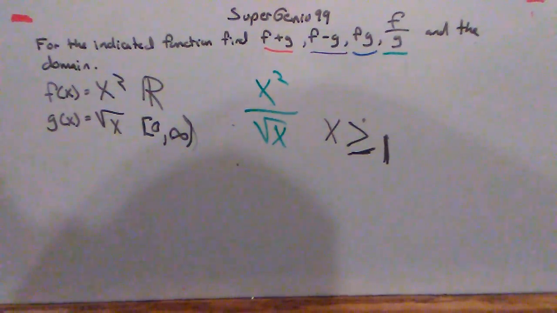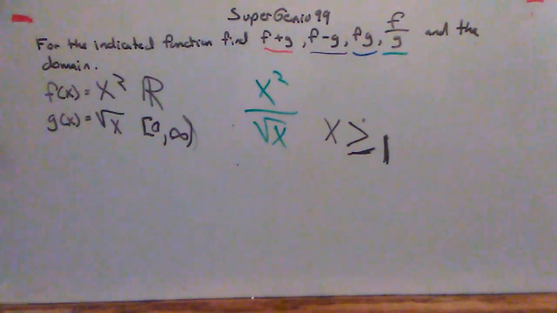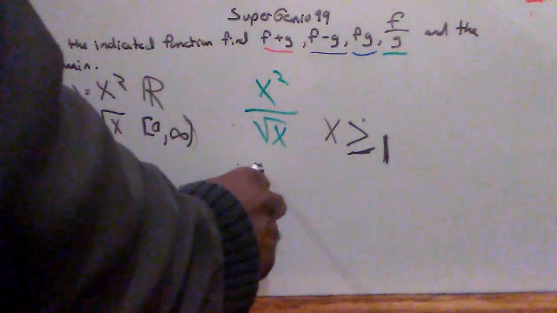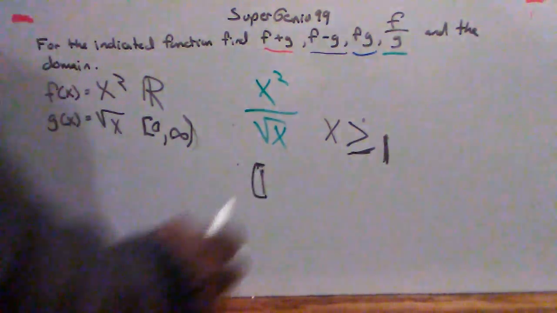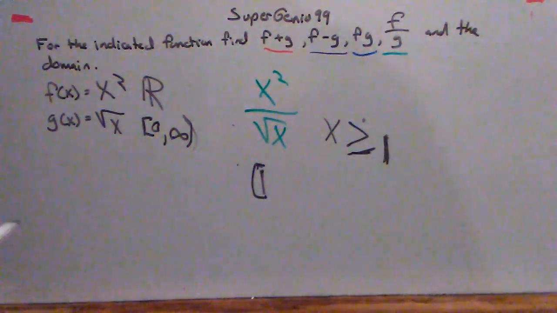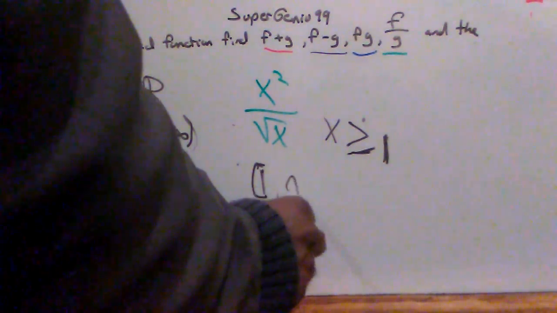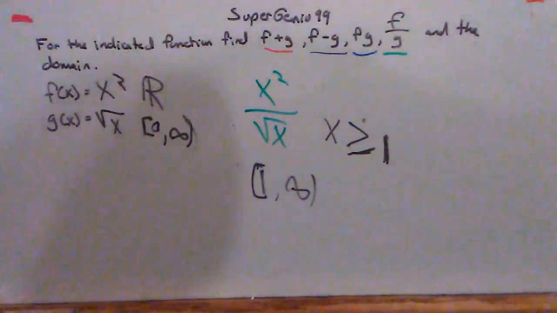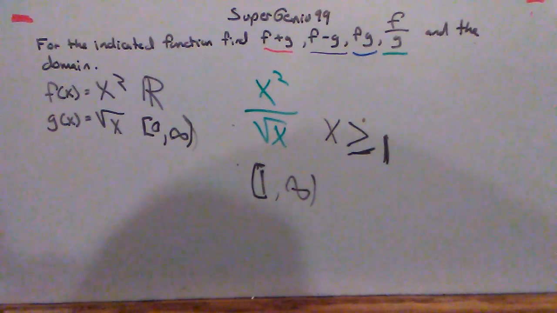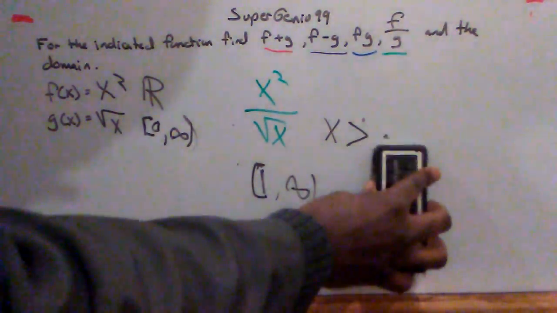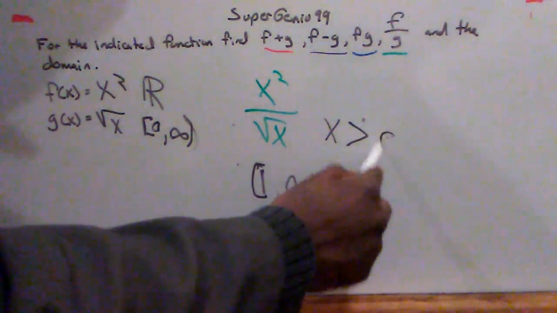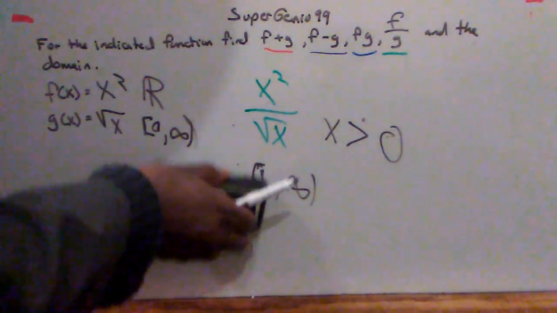Okay, so x has to be greater than or equal to 1, or you can write it like this. Sorry, x just has to be greater than 0. Apologize about that. X has to be greater than 0. X does not have to start at 1.